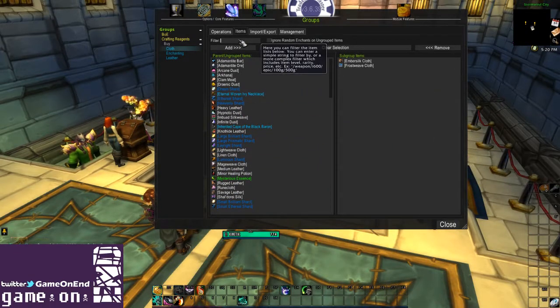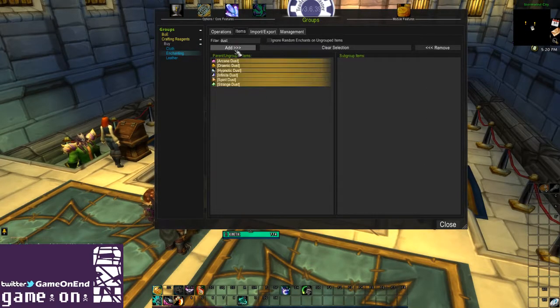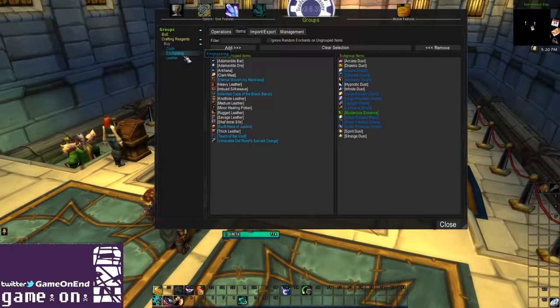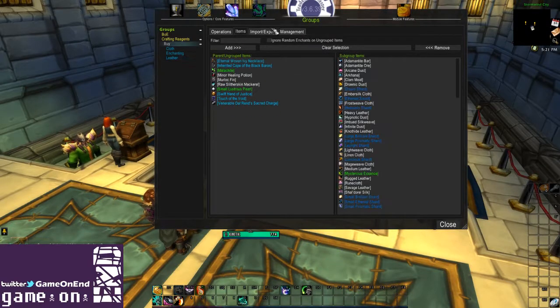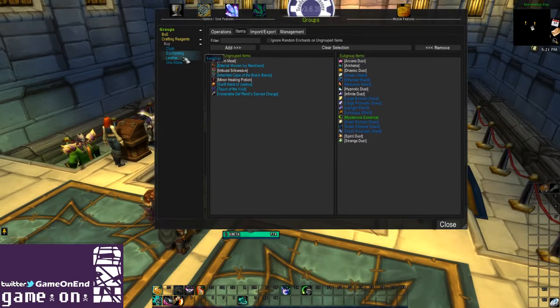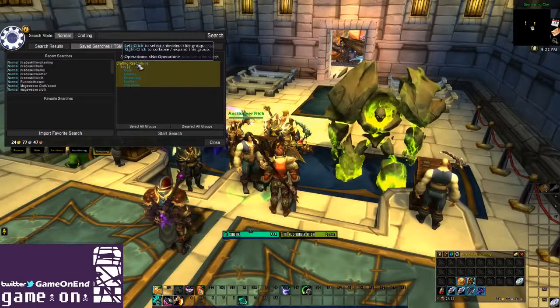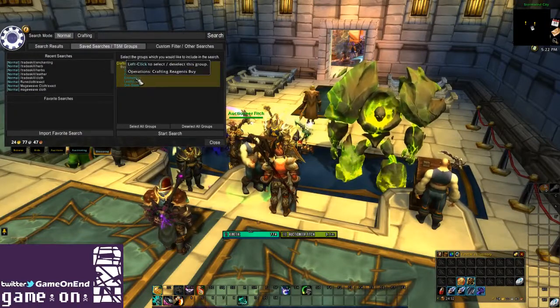We can also filter this list out with cloth, and either you can search to remove items from a group that you accidentally added or to add in. Okay, you can see we've got our subgroups here.